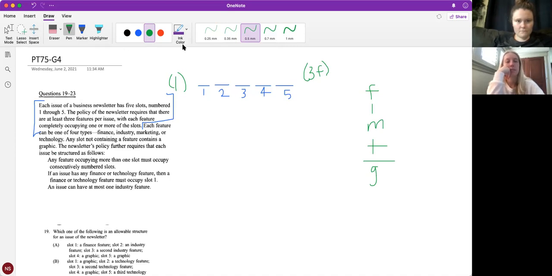Any feature occupying more than 1 slot must occupy consecutively numbered slots. So I'm thinking, if it's a 2-page feature, like 1 and 2, it has to go back to back.